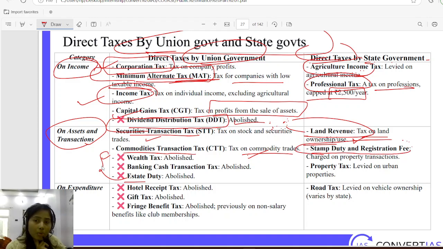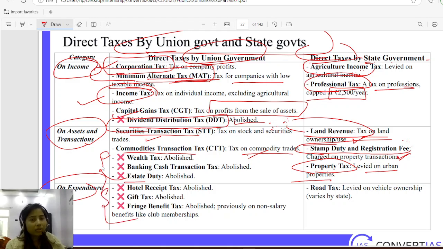Suppose you are purchasing a home or purchasing a land, then at that point of time you used to pay stamp duty and registration fee. So all these things will go into the state government's account. Okay, land comes under state subject, so all the revenue related to it will go under the state's account. Then property tax levied on urban properties. Okay, then expenditure tax, all these things got abolished.